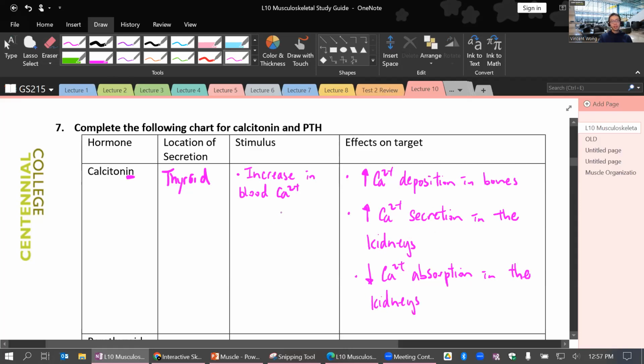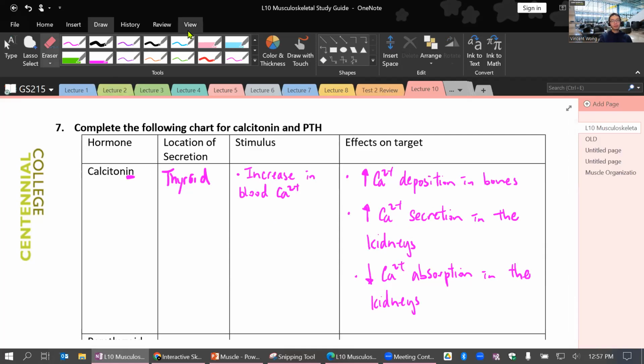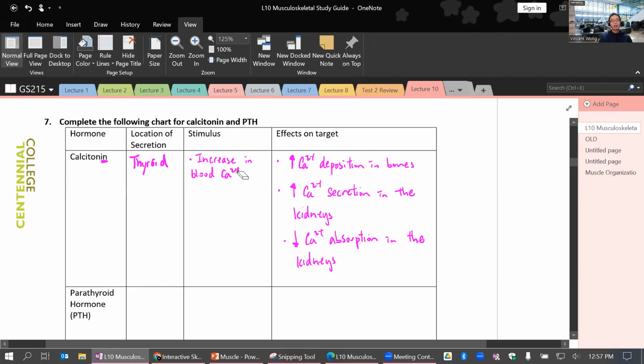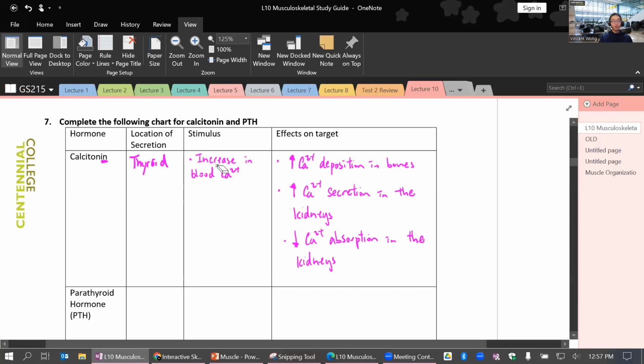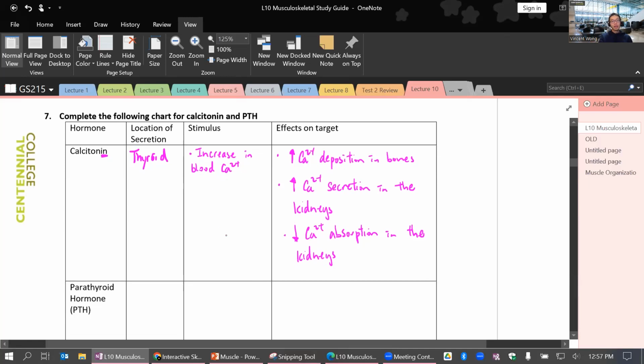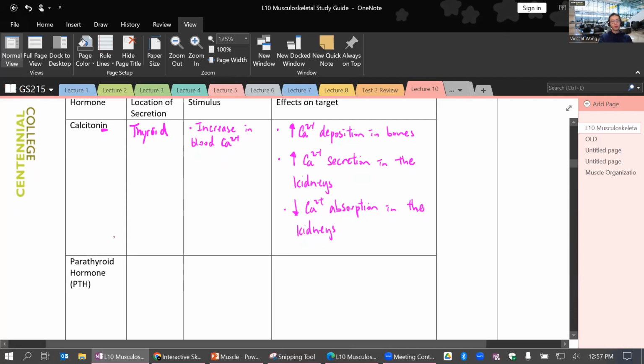We want to get rid of them in the urine, of course. So that will bring the calcium level back down. We learned that calcium is needed to release a neurotransmitter, and today we'll learn that calcium is needed for muscle contraction. So if you have too much calcium in the blood, that would cause your muscle to twitch a little bit because of uncontrolled signal coming out from your nerves. We don't want that. That's why we have to bring it back down with calcitonin.